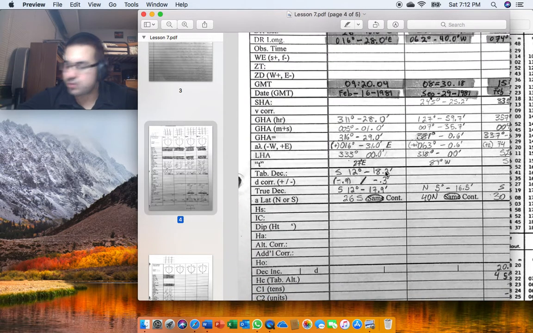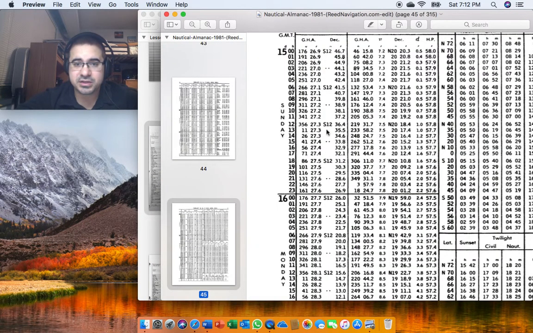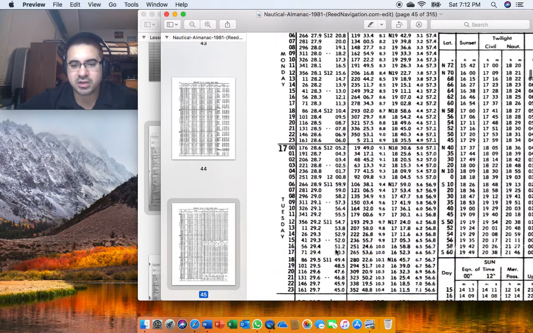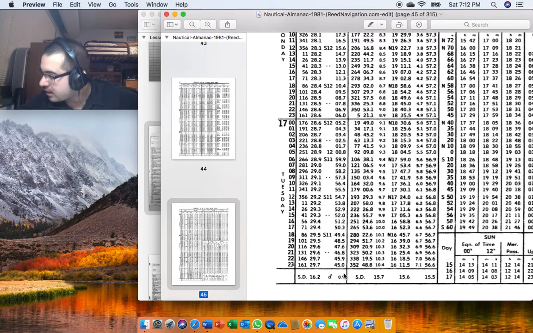Now what you're gonna do next, and I'm sorry, on this, you find your 311.28, you find your GHA, you find your tabulated declination, and you go to the bottom and you find your D, 0.9, right? Now, if the values are decreasing, then it's negative. If the values are increasing, then it's positive.